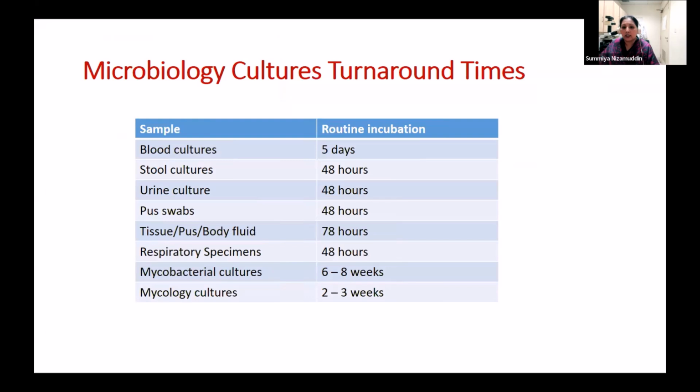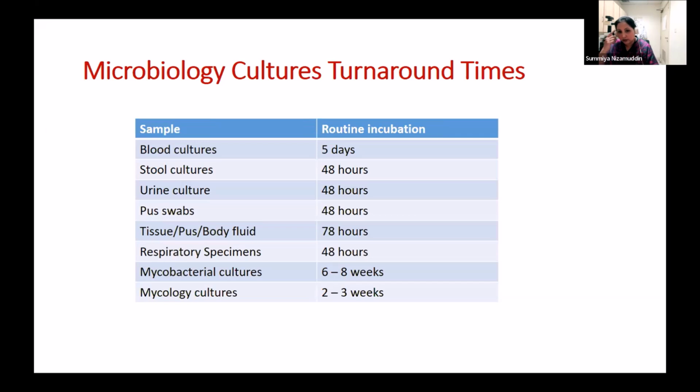For example, if the bottle turns positive on day 2 or day 3, we take another 48 to 72 hours to actually identify what the bug is and what antibiotics are working on that bug, and then release the report thereon. So to say that blood culture takes very long, or takes 8 to 10 days, would be a bit of a misstatement.